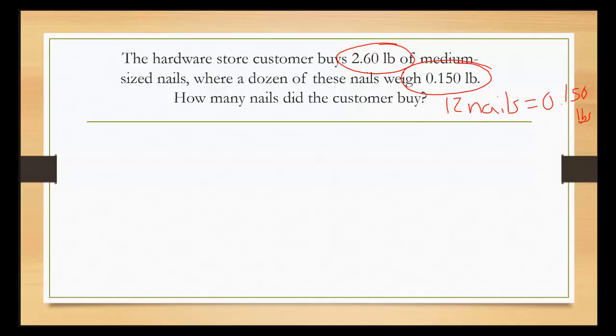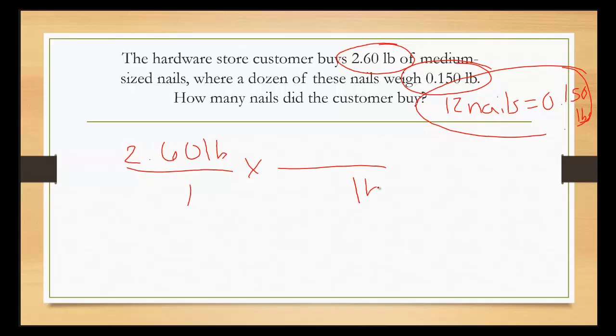So we take the number we're trying to convert over 1, 2.60 pounds over 1. Look at our conversion factor. We have pounds on the top. That means we want to have pounds on the bottom. 0.150. And that comes in 12 nails.